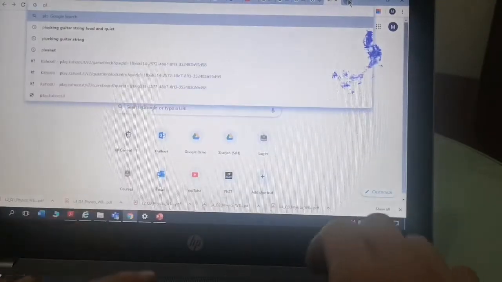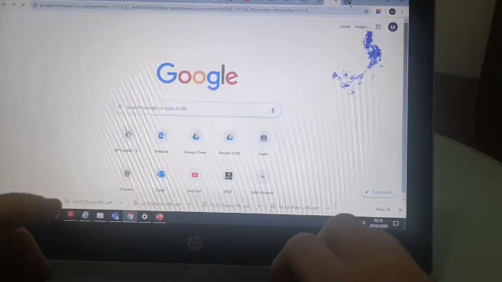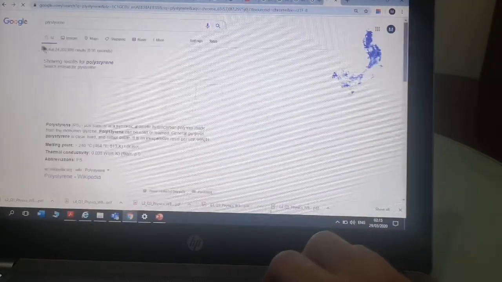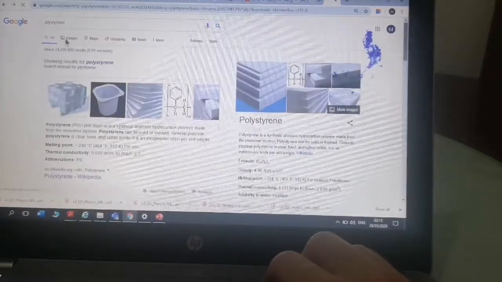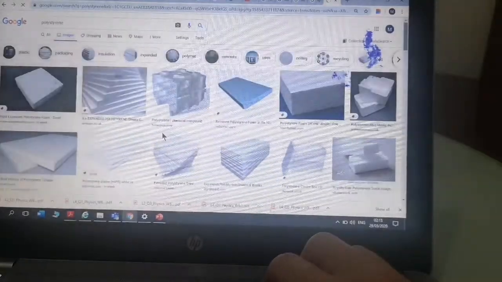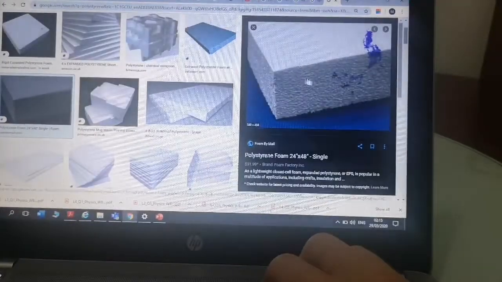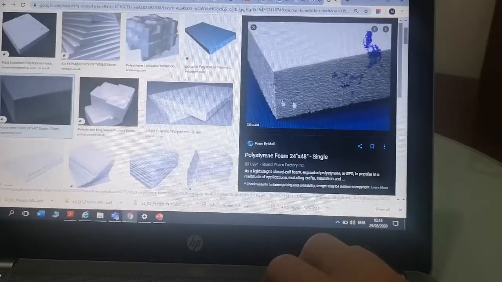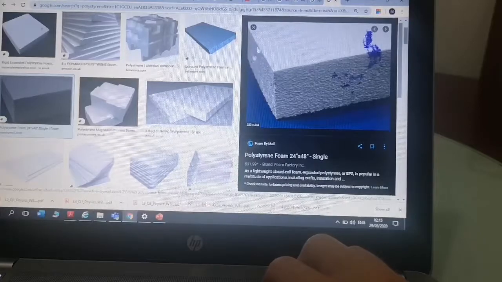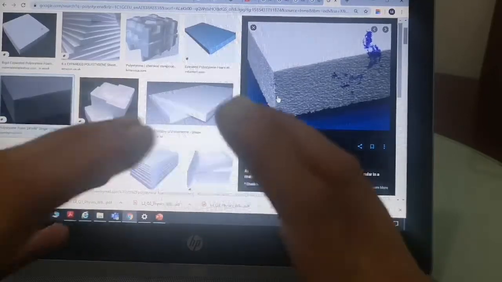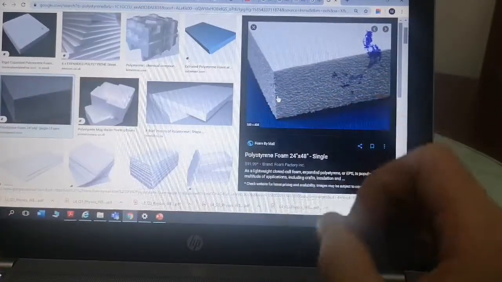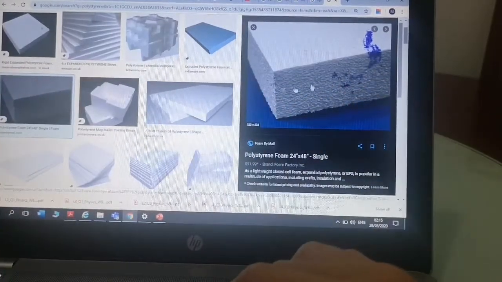You can think of, let's go for polystyrene. This is like a really light material, made of lots of little white bubbles. So the density of this is very, very low. The particles are spaced out. There's a lot of air inside.